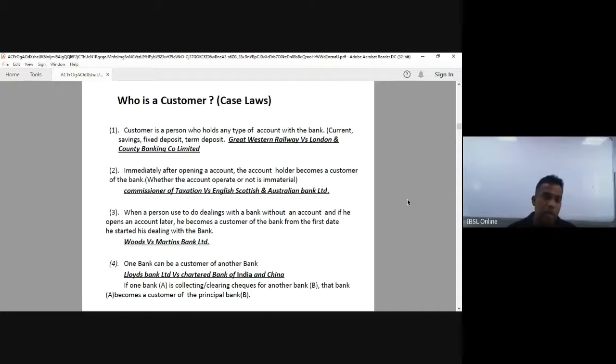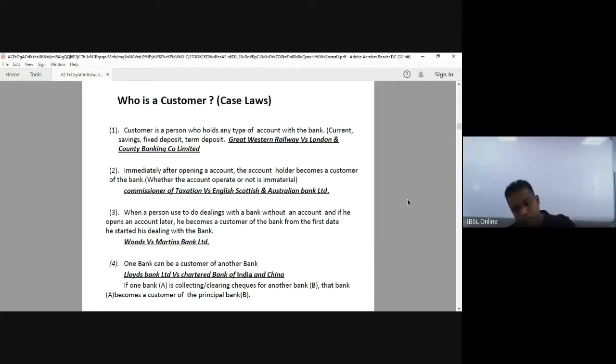So remember, as per Woods versus Martin's case, it is not the date that I opened the account. My banker-customer relationship starts from the date that I first dealt with the bank. So therefore, as bankers, you have to be very careful. If you get any information of any person, irrespective of whether he is a customer or not, please do not divulge that information to a third party without the consent of that person.